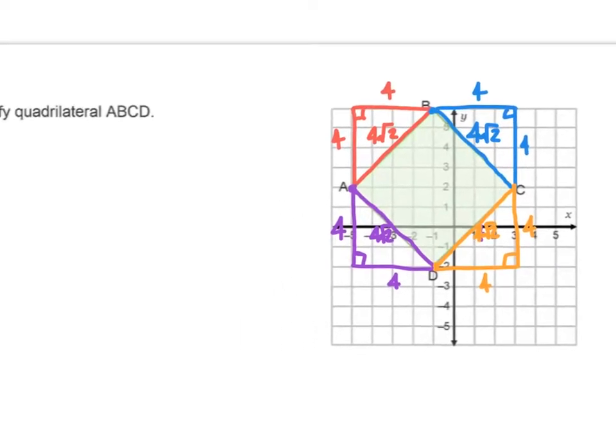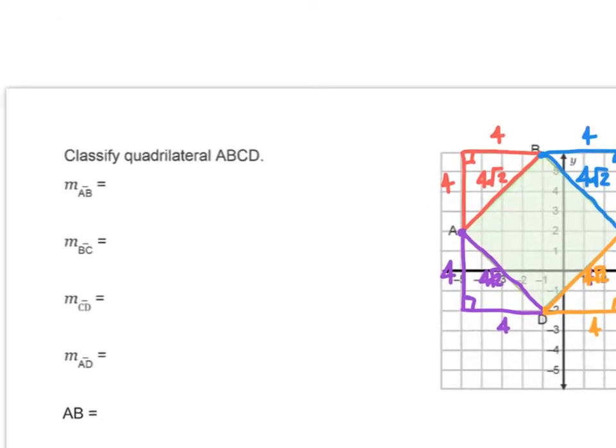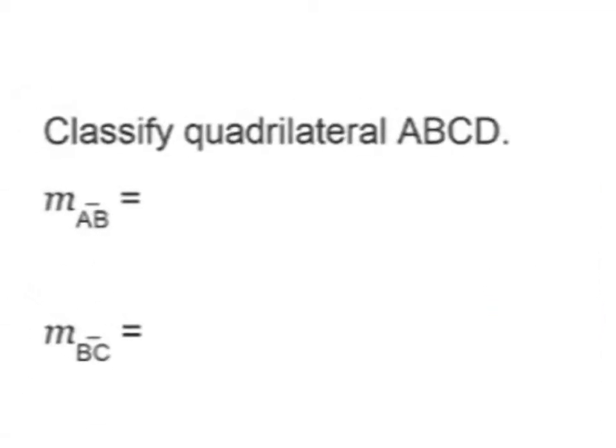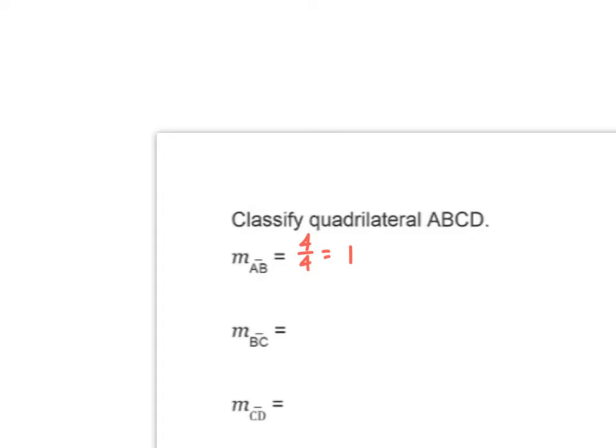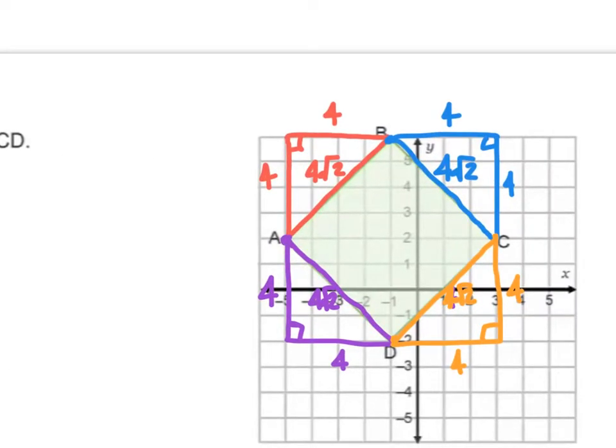Let's take a look at the slope of AB first. We go up 4 over 4, and it's going in this direction, so it's positive. So the slope of AB is 4 over 4, which is equal to positive 1. Now let's look at BC real quick. We go up 4 and to the left 4, going in this direction, so that means it's negative.